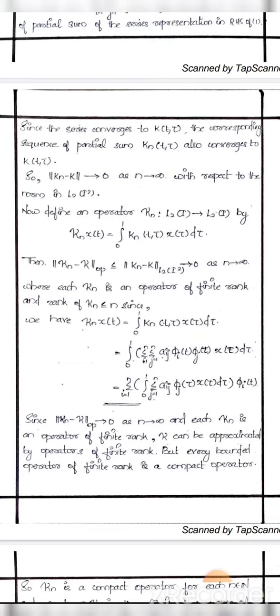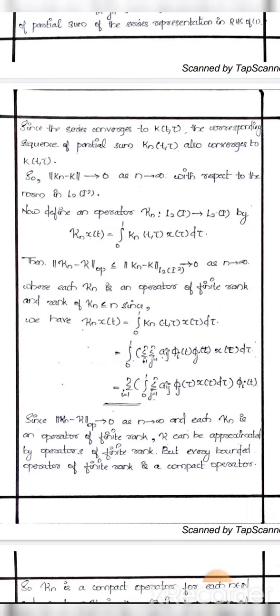Then we can say that the norm of script K_n minus script K is less than or equal to the norm of k_n minus k, which tends to 0 as n tends to infinity, right? Where each script K_n is an operator of finite rank and that rank is less than or equal to n.